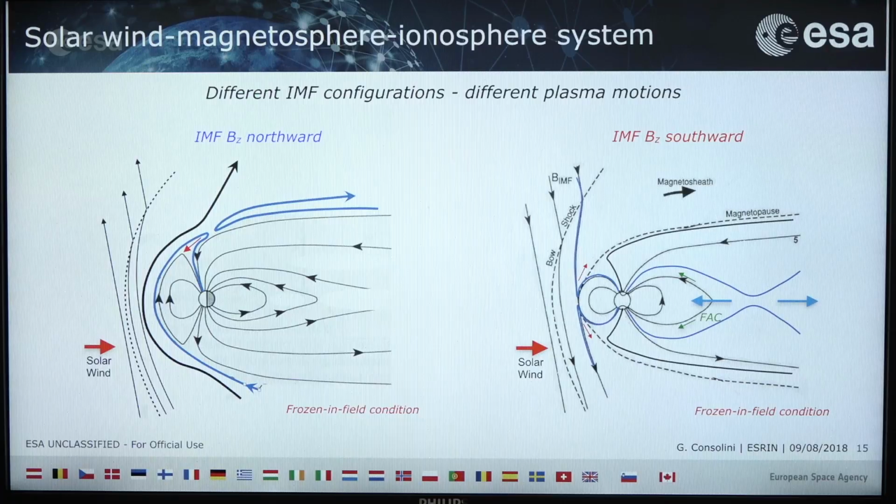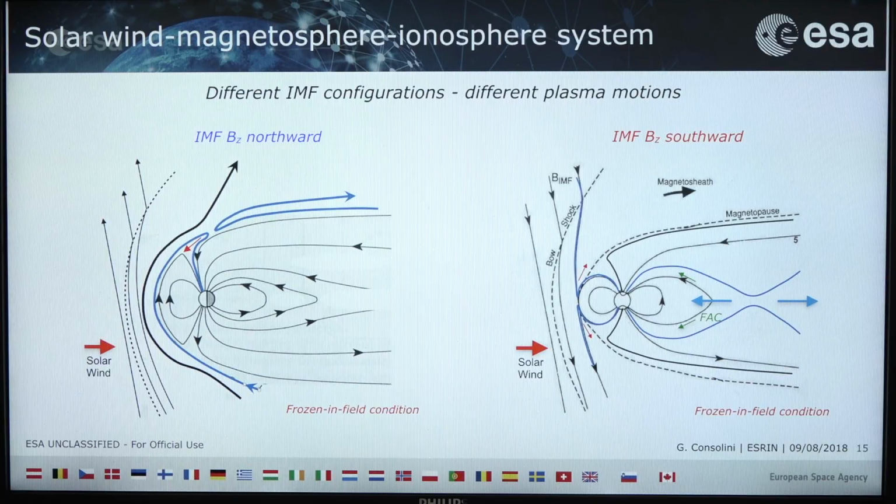So if we have the solar wind with a northward component, then the geomagnetic field, the magnetospheric field, has the same direction, and in this condition there is no possibility to connect the external solar wind magnetic field with the internal one.